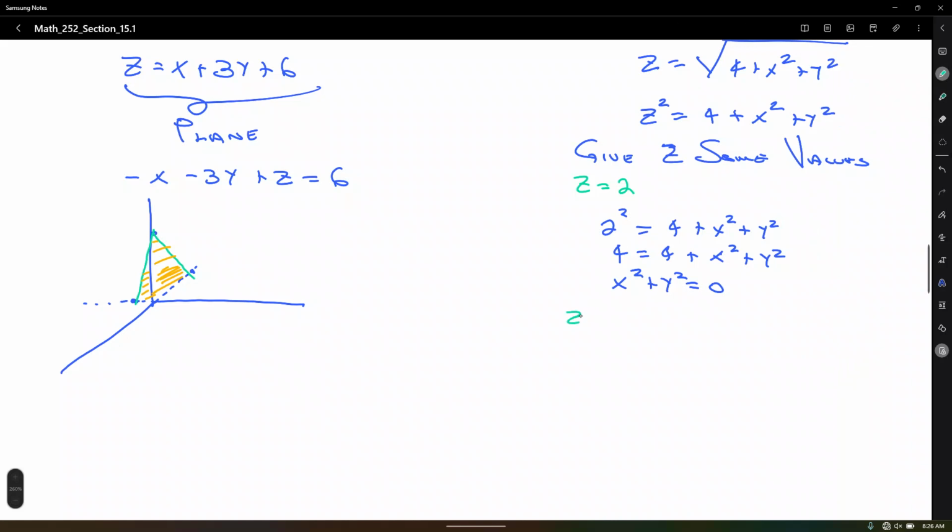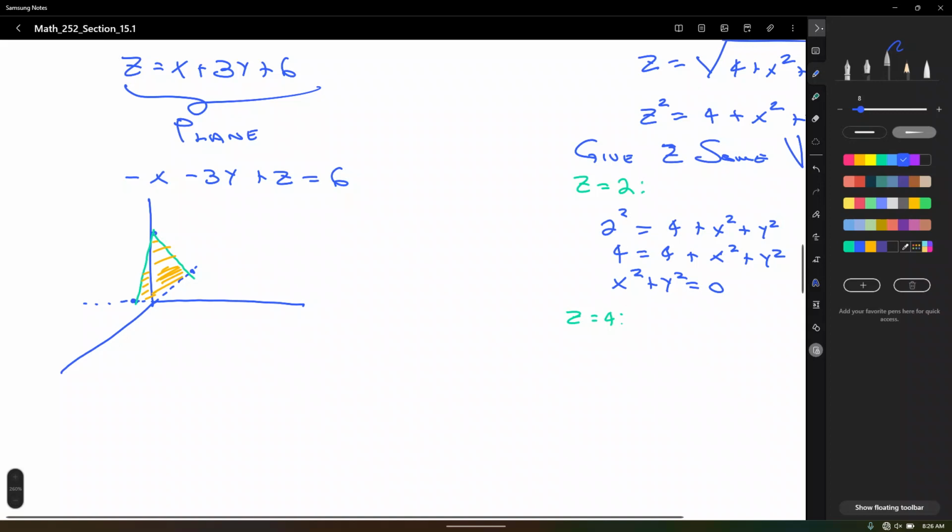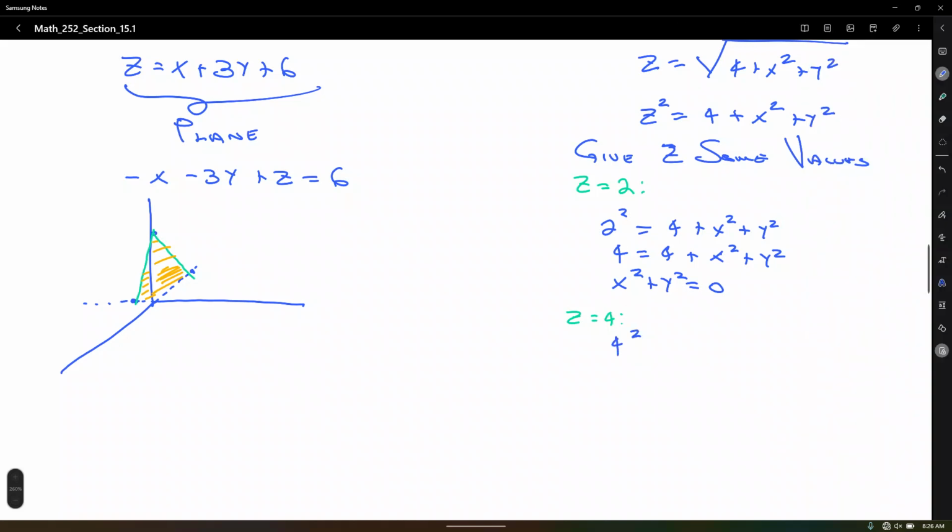For z equals 4, we're going to get the following: 4 squared equals 4 plus x squared plus y squared. That is 16 equals 4 plus x squared plus y squared. So let's subtract 4 from both sides to get 12. On the right-hand side, that's x squared plus y squared equals 12.